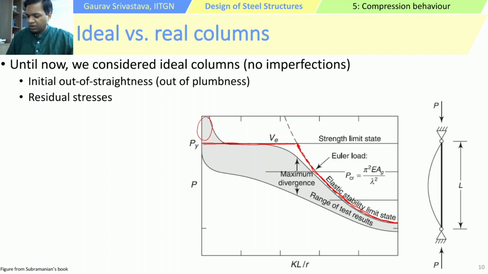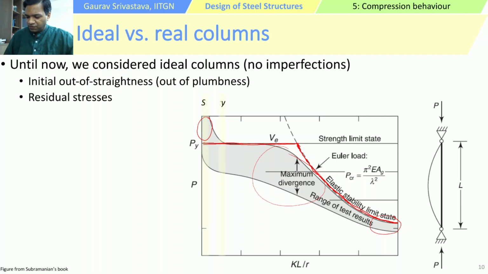And at the extreme right-hand side, where the slenderness ratios are very, very large, the behavior is primarily governed by buckling, and there isn't a great deal of divergence of the test results from the theory. But in the intermediate stage, there is a lot of divergence.